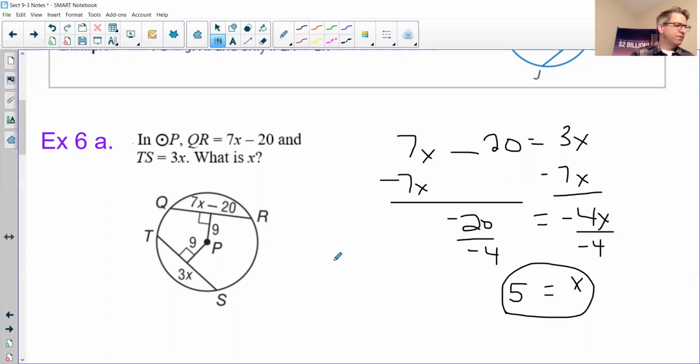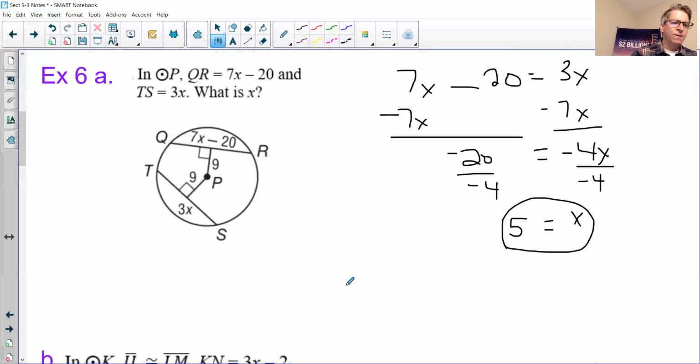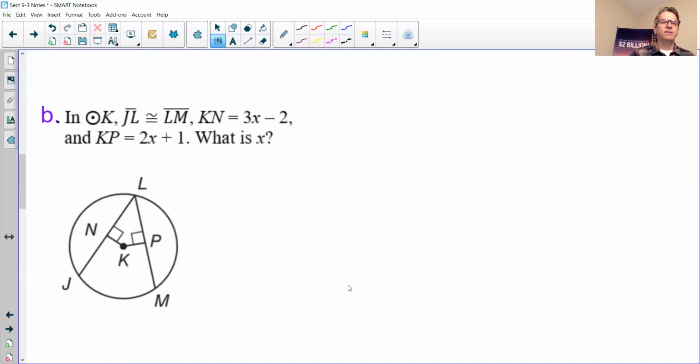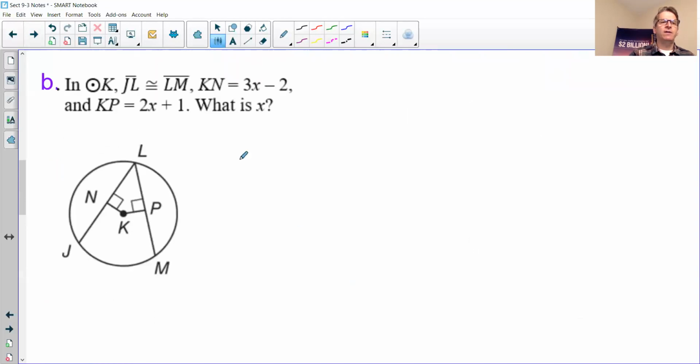Letter B, in circle K, JL is congruent to LM.